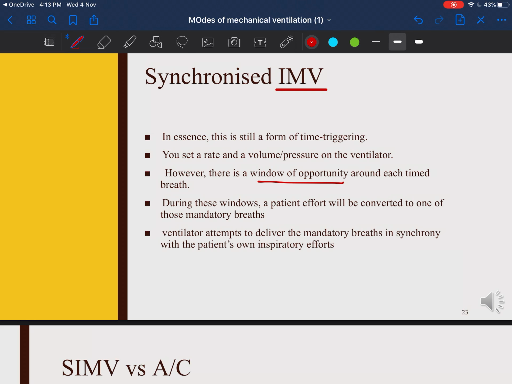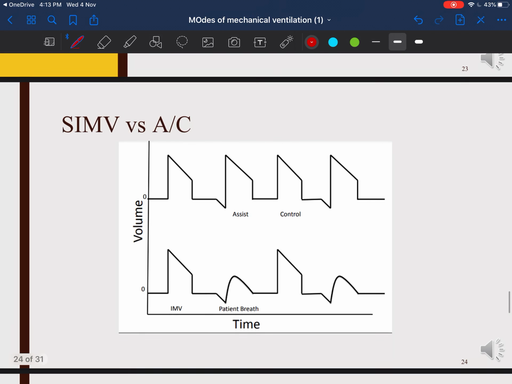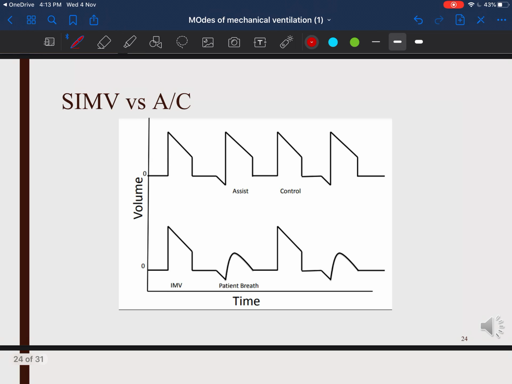If the patient is making an effort, then the ventilator will give a mandatory breath. Note that this is not a patient triggered breath, this is a mandatory breath. Basically the mandatory breath will try to synchronize with the patient's inspiratory efforts, so that it offers better comfort to the patient and better synchrony between the patient and the ventilator.